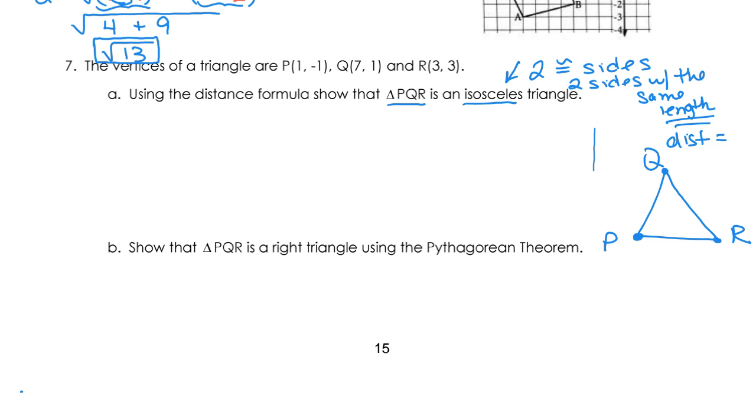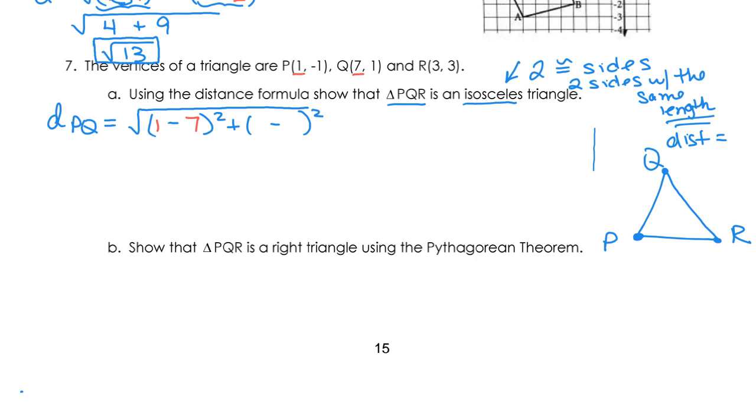So we're going to go ahead and set up, and we're going to have to make sure we leave some space here. So we're going to do distance of PQ first. And we're going to go ahead and grab the x coordinates from P and Q. Okay. So P's is 1 and 7.